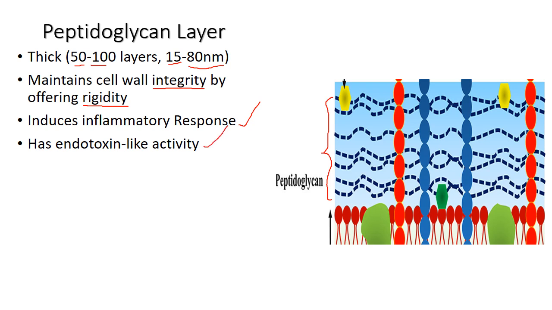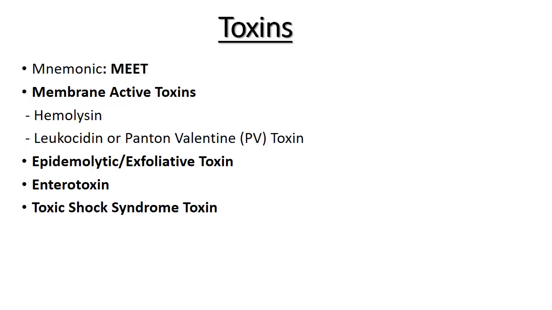Now let's look at another virulence factor, which is the toxins. You can use my mnemonic to remember all the toxins of Staphylococcus aureus. You can use MEAT. The M is for membrane active toxins, which in other sources you will find being referred to as pore forming toxins.